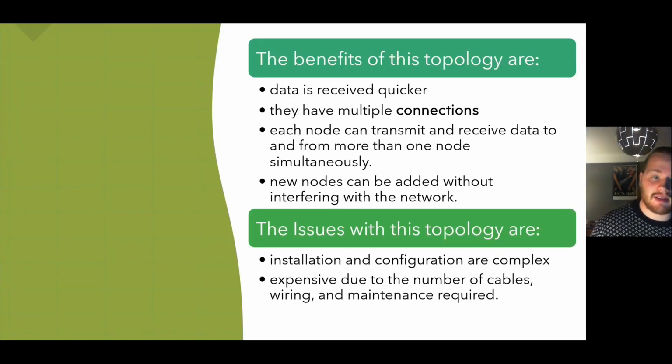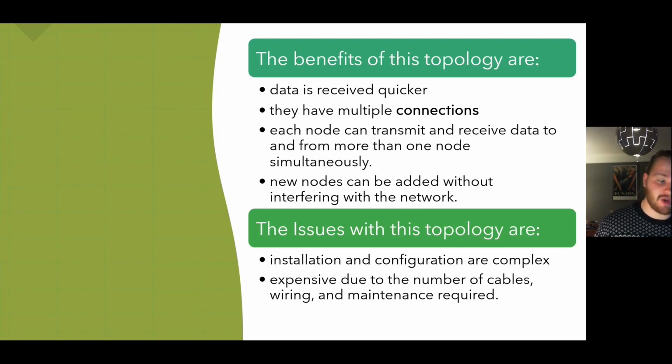The benefits of this topology are that data is received quicker and is sure to arrive as there are multiple connections, so no node should be isolated. In addition, each node can transmit and receive data to and from more than one node simultaneously. Furthermore, new nodes can be added without interfering with the network.